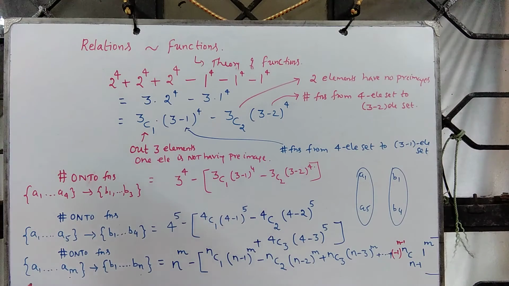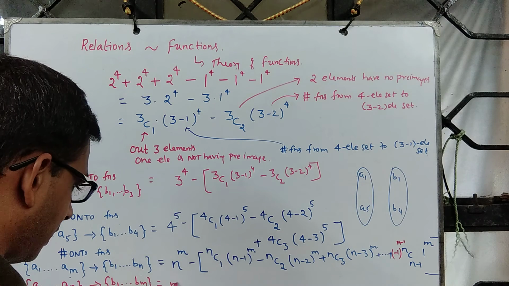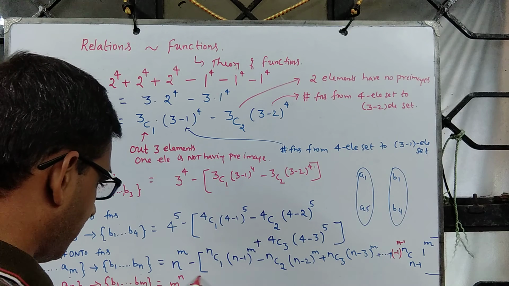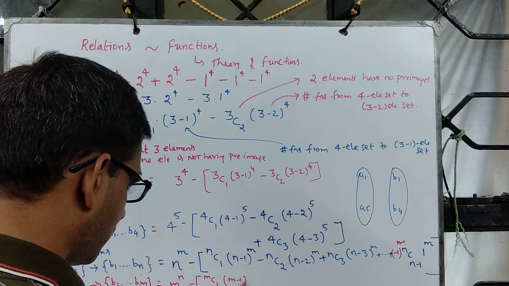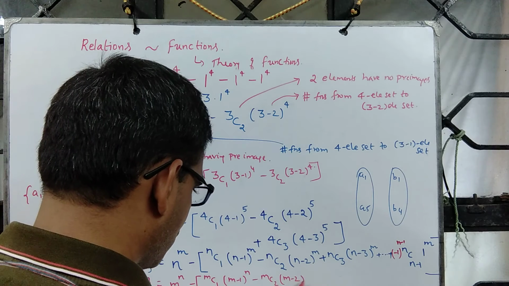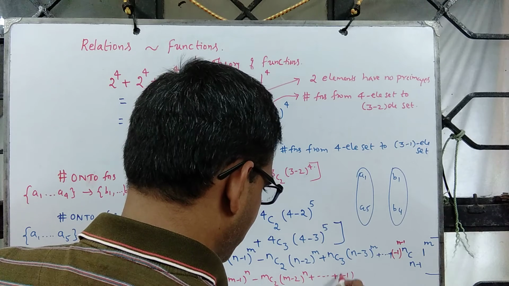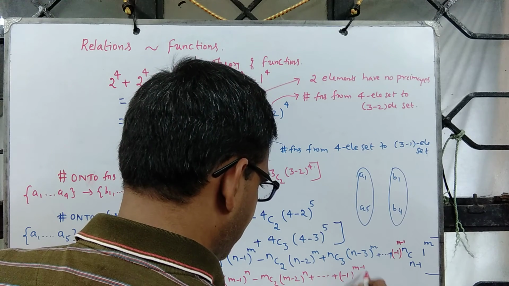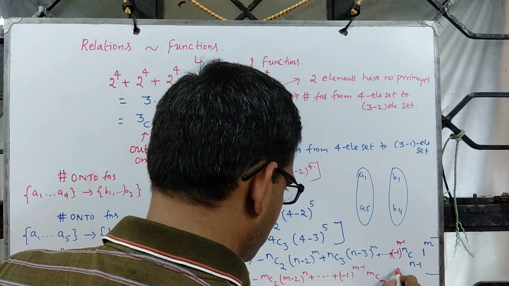Okay. In case the textbook uses a1 to an and b1 to bm, then the number of functions is m power n minus m choose 1 times (m minus 1) to the power n plus m choose 2 times (m minus 2) to the power n, and so on up to minus 1 to the power m minus 1 times m choose m minus 1 times 1 power m.